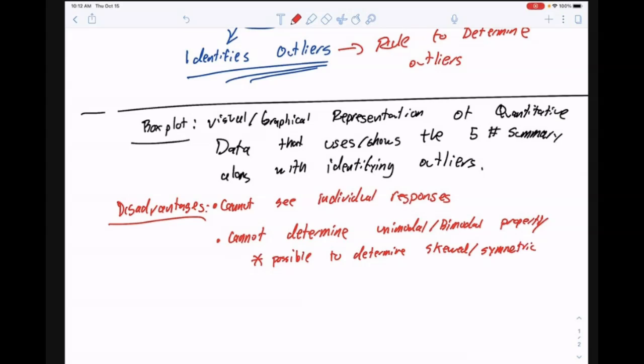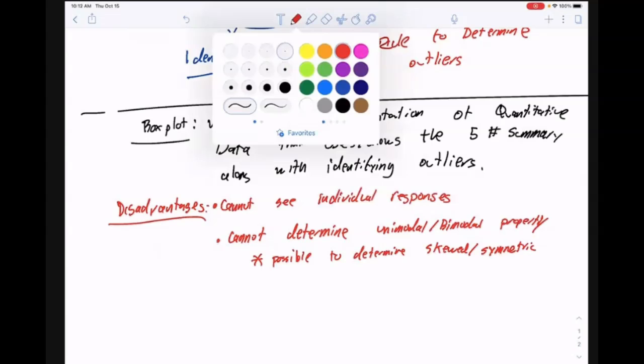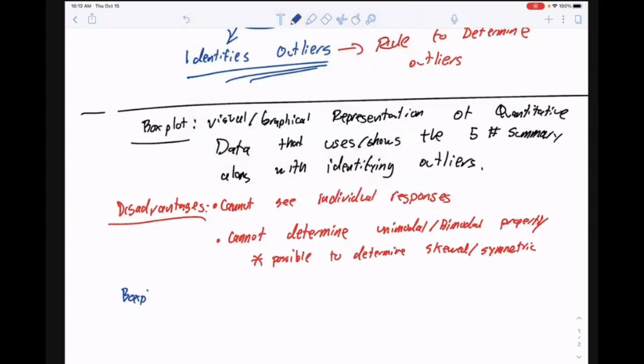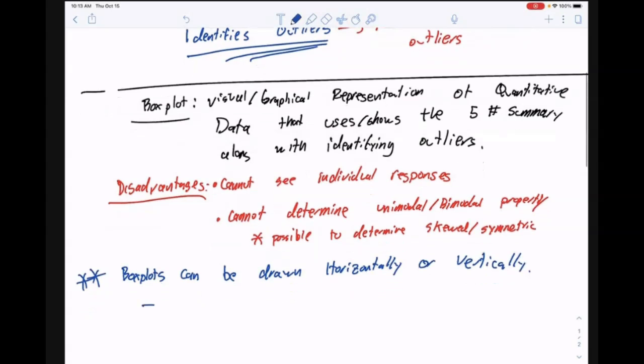Okay. Now, I do want to note that box plots can be drawn horizontally or vertically. The graphing calculator is horizontal.